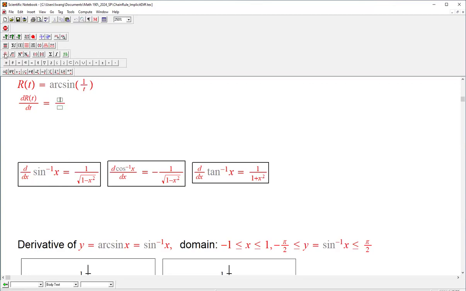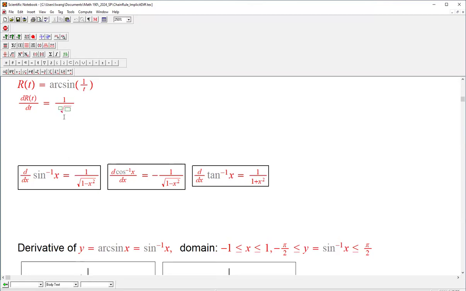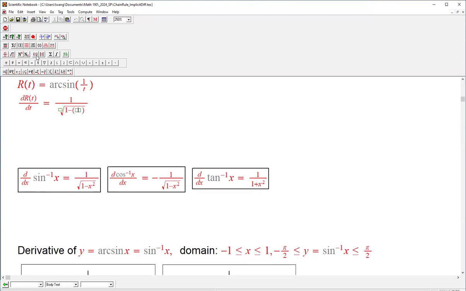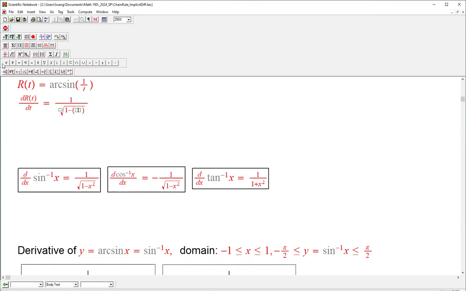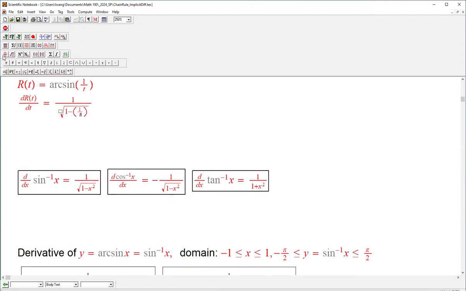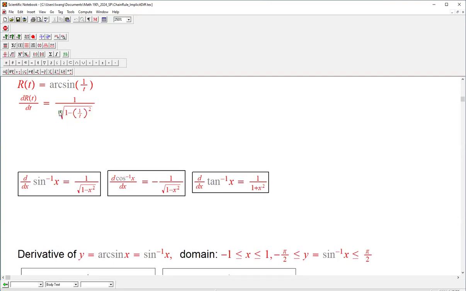So that's going to be 1 over square root of 1 minus 1 over t squared. Okay, and then we differentiate 1 over t, and that's going to be negative 1 over t squared.